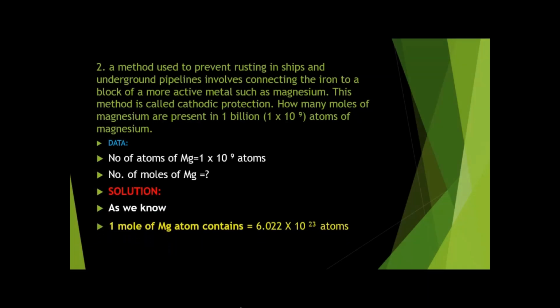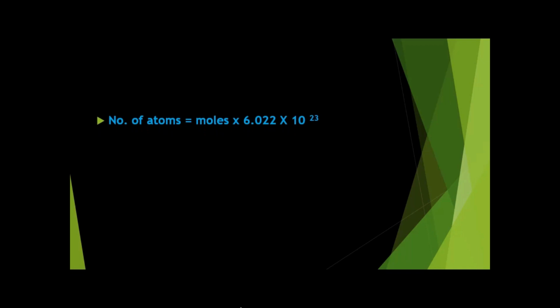As we know, 1 mole of magnesium atoms contains 6.022 × 10^23 atoms. So students, apply the formula. Number of atoms is equal to moles into 6.022 × 10^23. So number of moles, after rearranging the formula, we have the formula like that.